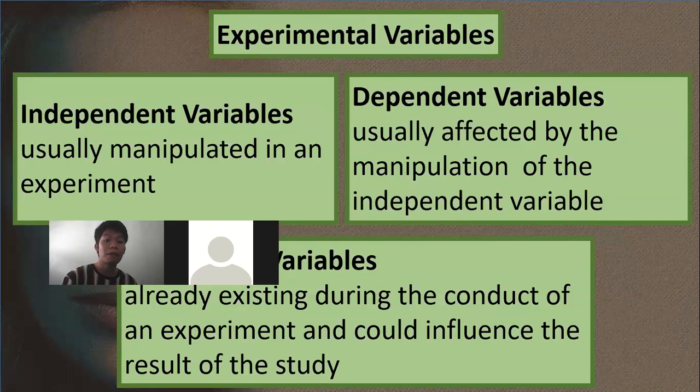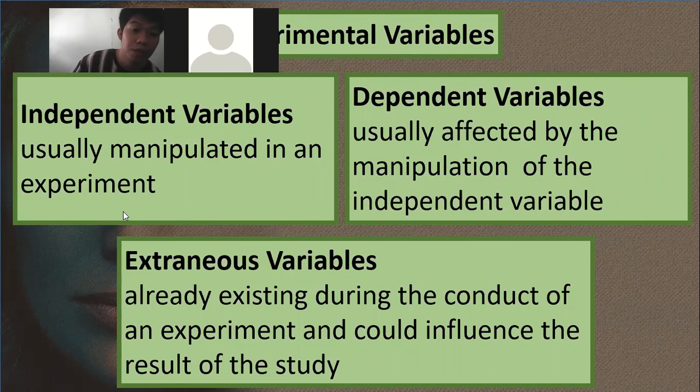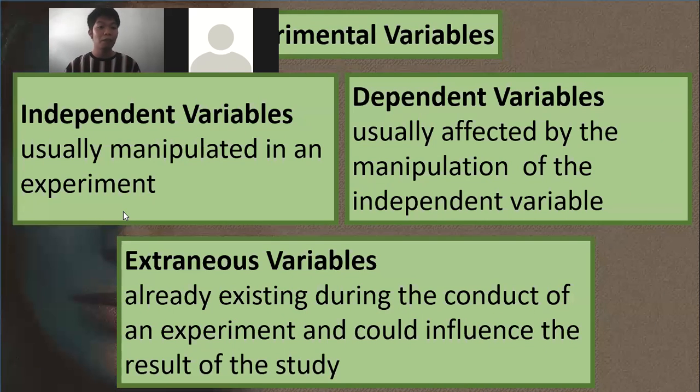We also have experimental variables. We have independent variables, dependent variables, and extraneous variables. When we say independent variables, they're usually the ones being manipulated by the researchers in an experiment.